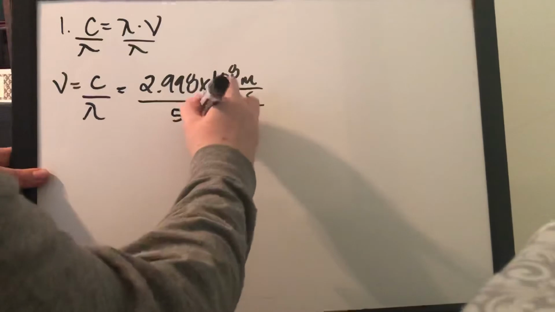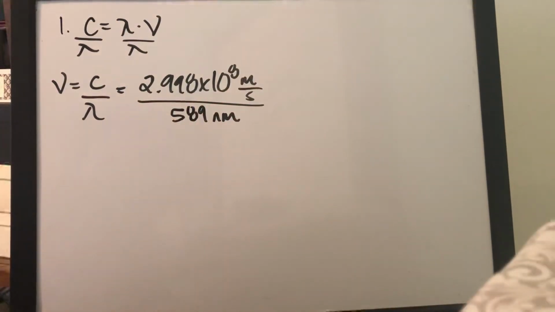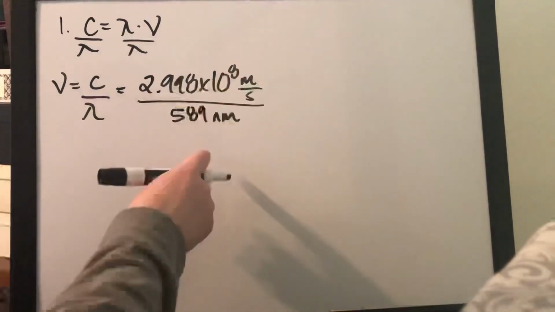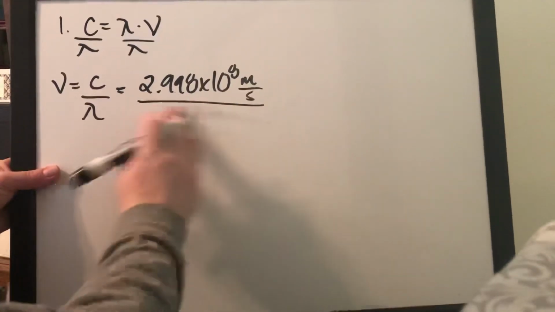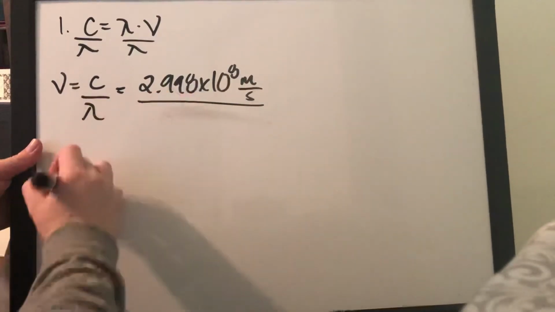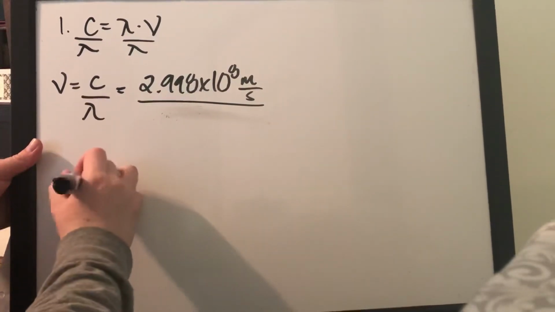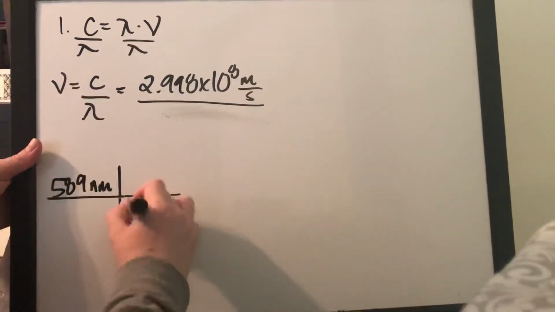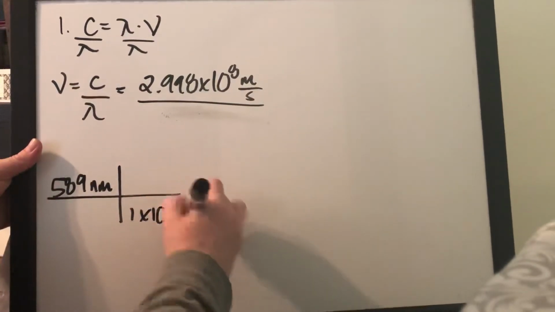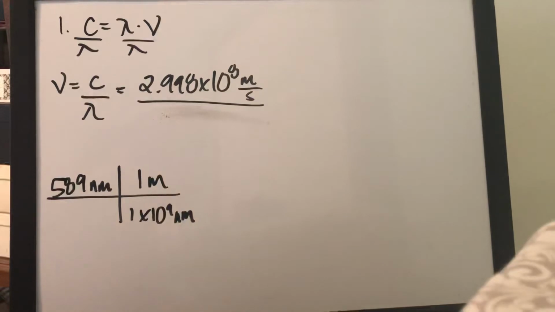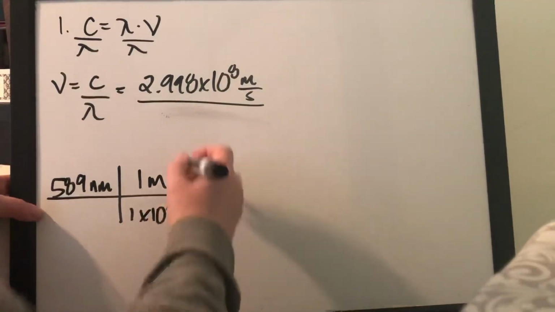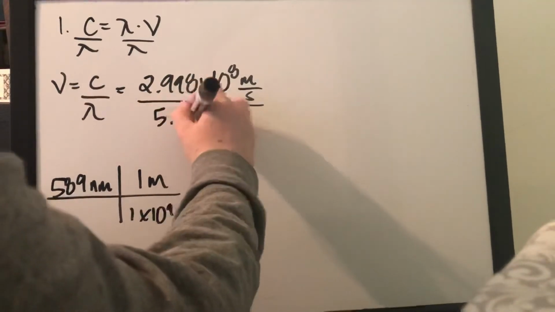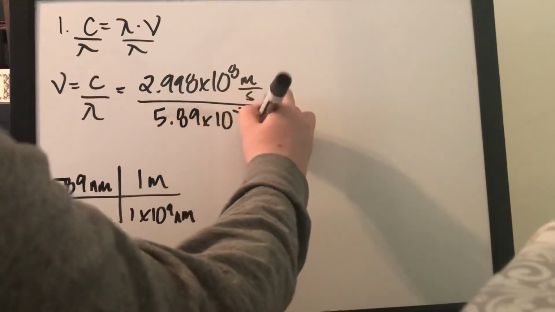The wavelength in this case was 589 nanometers. Okay, you might be inclined to put that in the denominator, but you have a unit mismatch, so I need to change this. Using the conversion factor that I just showed you earlier, that gives you a wavelength of 5.89 times 10 to the negative 7th meters.